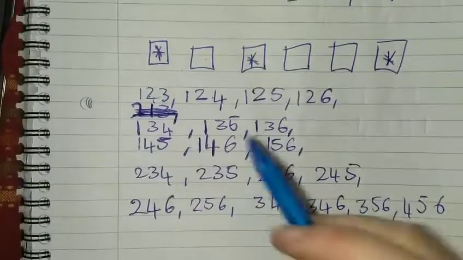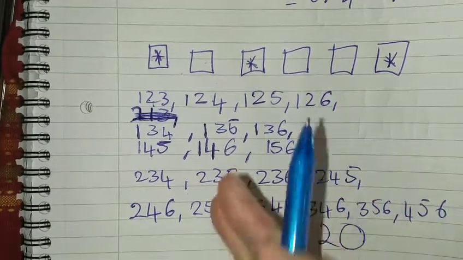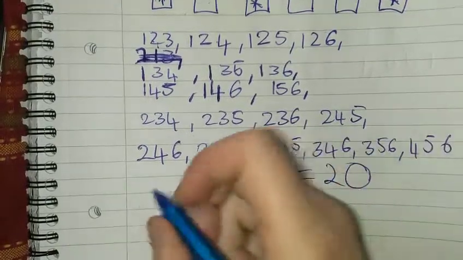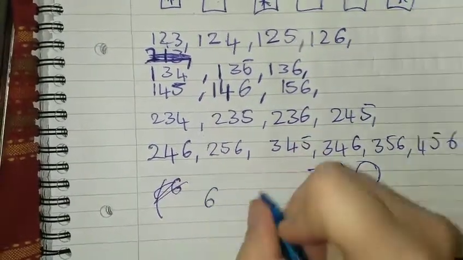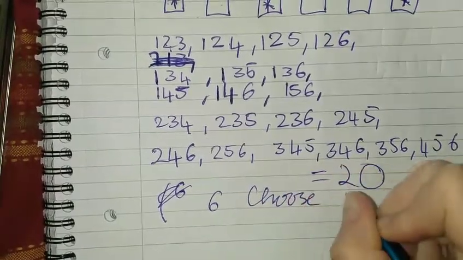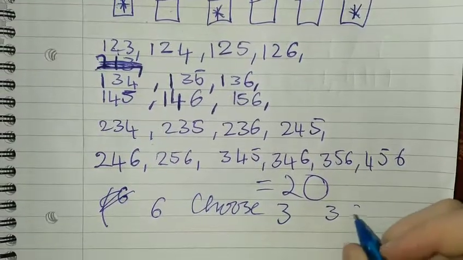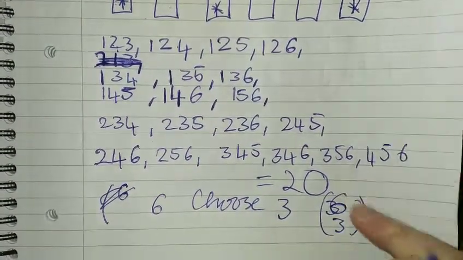Or when we have 6 options and we are only going to choose 3 of them, there's a function on our calculator called choosing. It's called 6 choose 3. So we can write it as 6 in brackets, 6 choose 3.